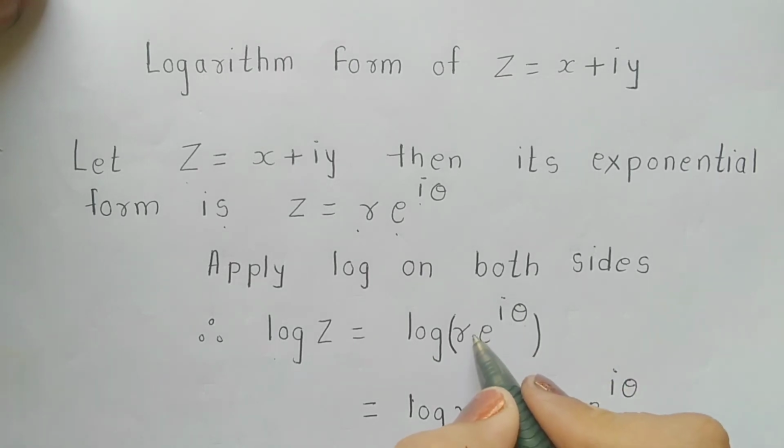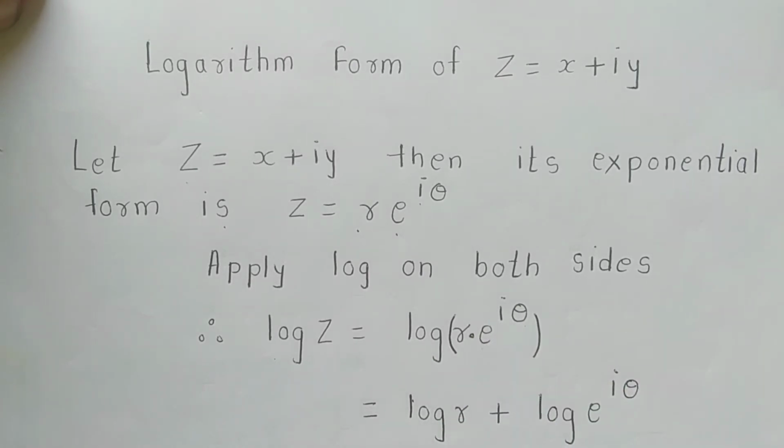Now there is a multiplication between two terms inside the log, so for the multiplication we get addition by using logarithmic rules. So we write log of r plus log of e raised to i theta.